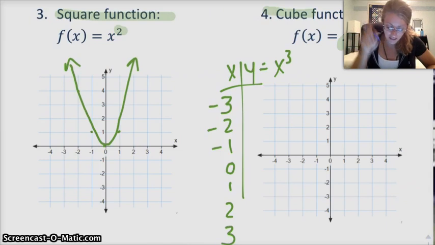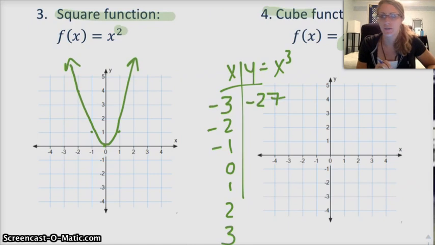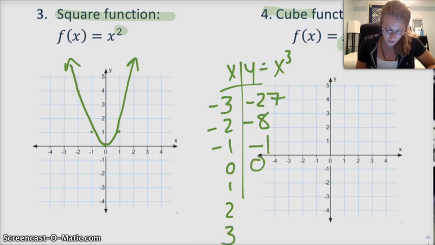Times -3 is -27. Okay, that's going to be off our graph, so we're not going to get to plot that point. -2 cubed is -2 times -2 times -2, -8. -1 cubed is -1, 0 cubed is 0, 1 cubed is 1, 2 cubed is 8, 3 cubed is 27.